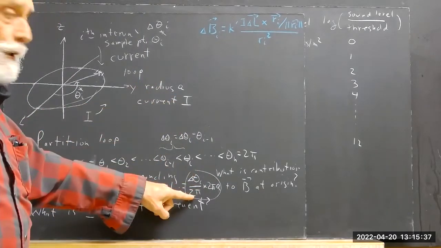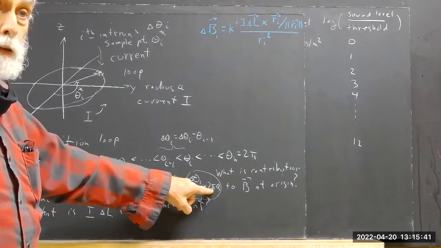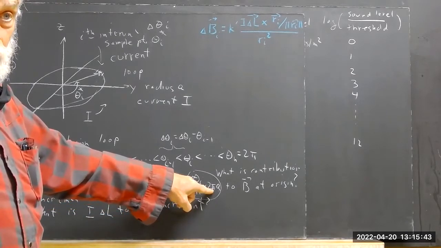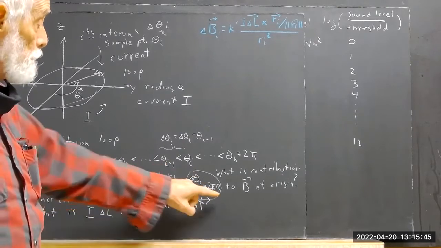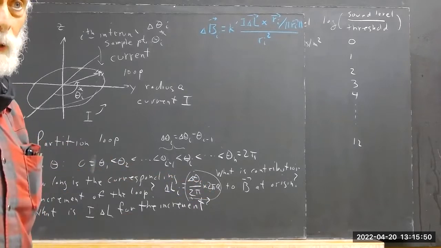It's delta theta sub i over 2 pi, which is a proportion of the whole thing you have, multiplied by 2 pi a, which is the circumference. Now, this is a proportion of your entire circumference. Of course, that's just delta theta sub i times a, right?